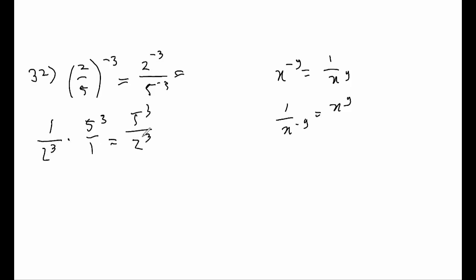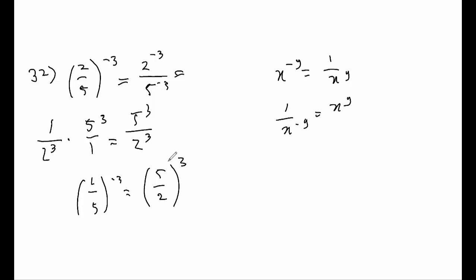But if you notice, it's really the same thing as flipping over the stuff inside the bracket and then making that positive. So as a shortcut, what I can do, I can start out with 2 over 5 to the negative 3, and that would be the same thing as 5 over 2 to the positive 3.